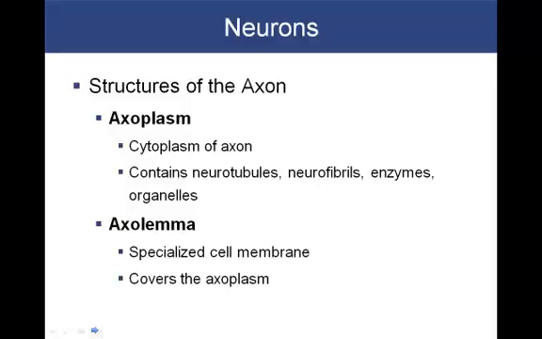If we look at the axon itself, it has its own type of cytoplasm known as the axoplasm. The axoplasm has a number of organelles. It has neurotubules, neurofibrils, and enzymes. The axoplasm is surrounded by the axolemma. This is the membrane that covers the axon.